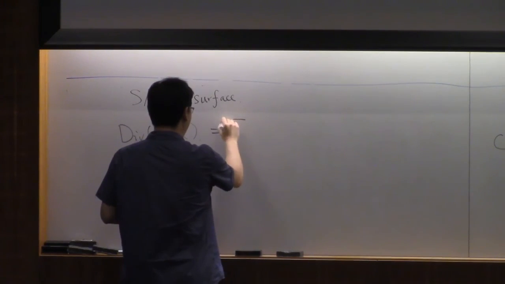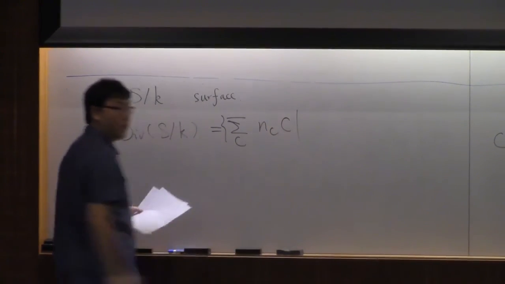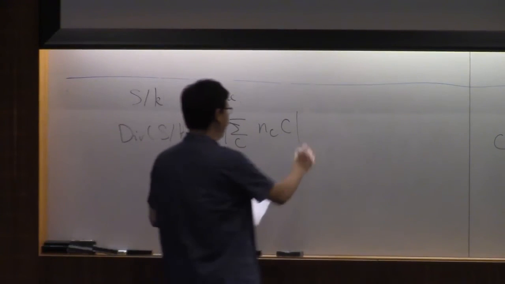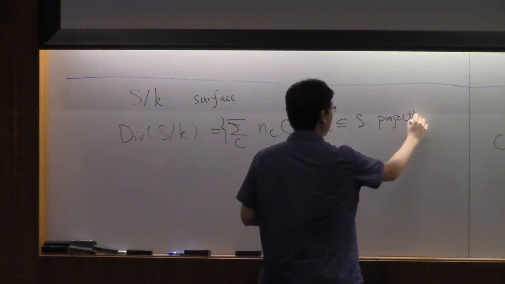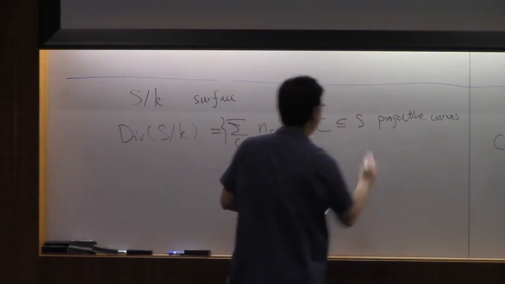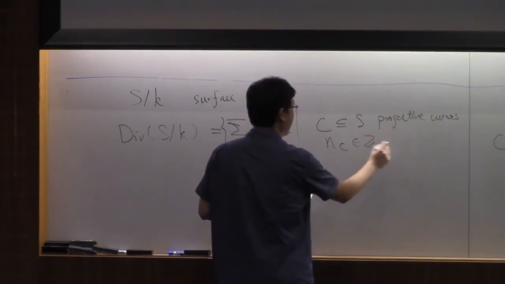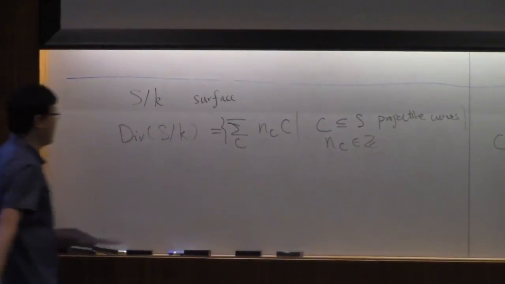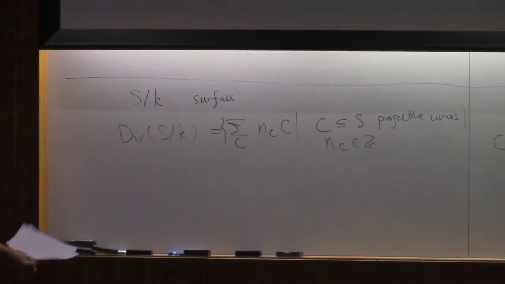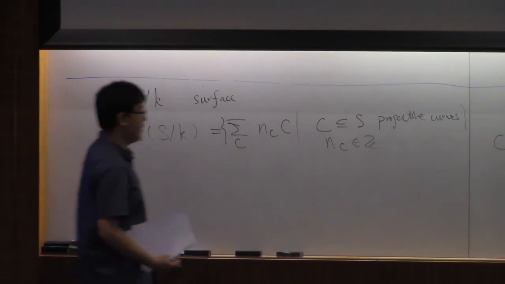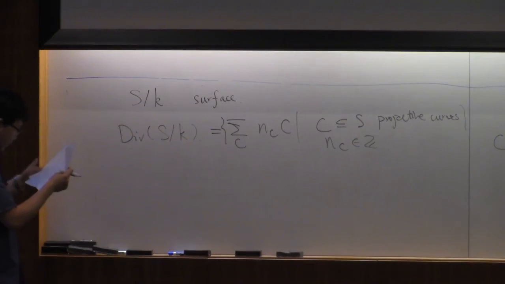Here it should be the formal finite sum of projective curves inside the surface S, and the coefficients are in the ring of integers. You just consider such formal finite sums, and you get the notion of the group of divisors over a surface. Here I do not require the projective curve to be smooth. It can be singular.